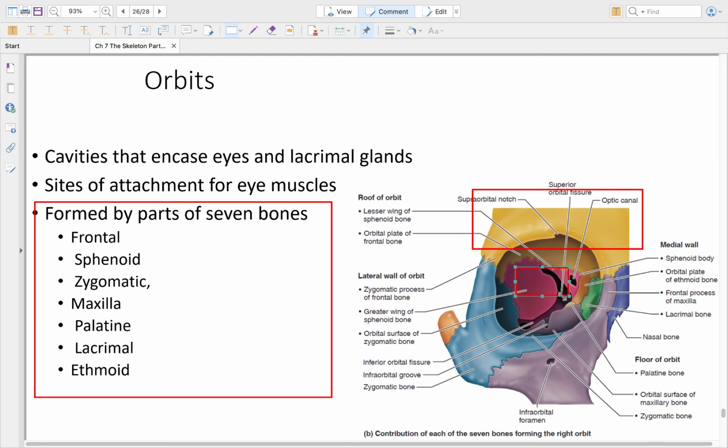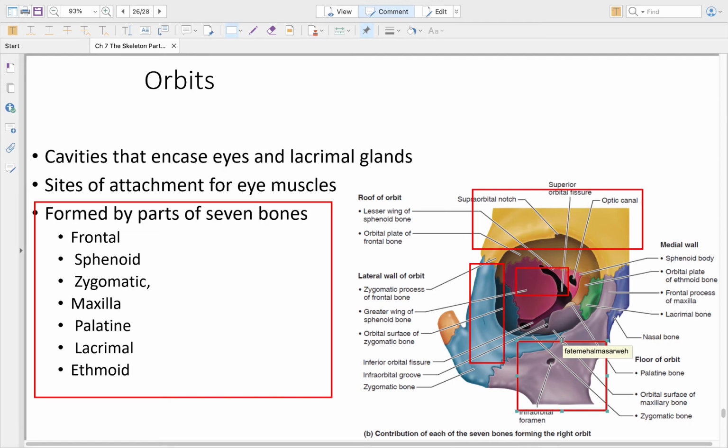The zygomatic bone in blue. The zygomatic bone makes up quite a bit of the orbit. Okay. The maxilla in purple. This is the upper part of your jaw. Okay, these are kind of the bigger ones, right?